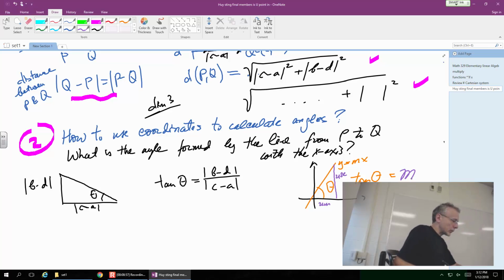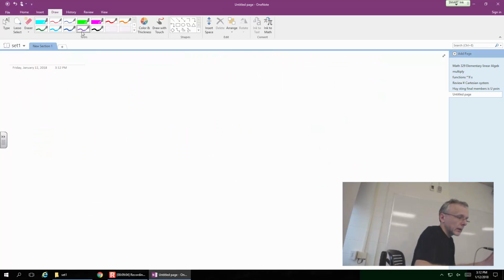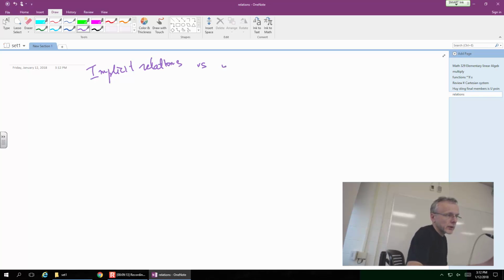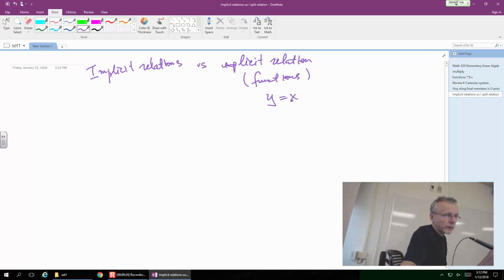Okay, so a couple more words about relations. A good way to remember what they are is implicit relations versus explicit relations. The latter are simply functions. So y equals x squared, that's our function.